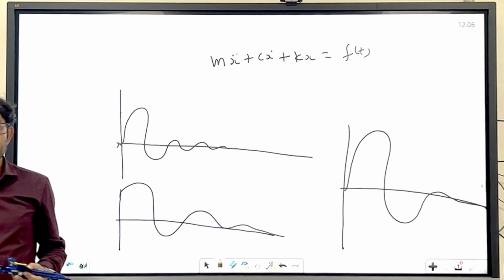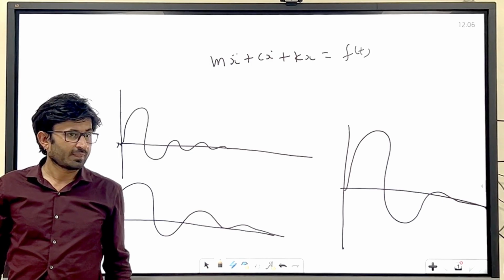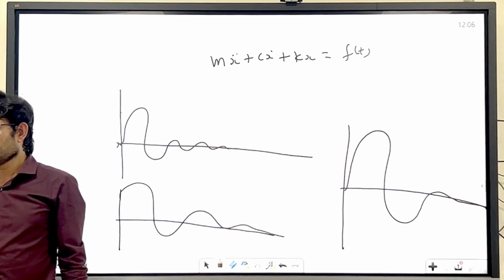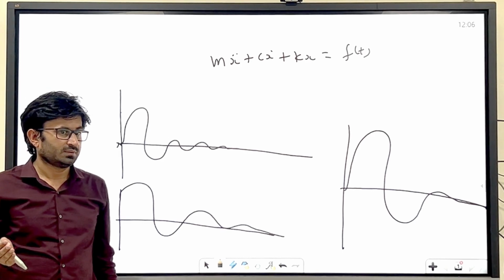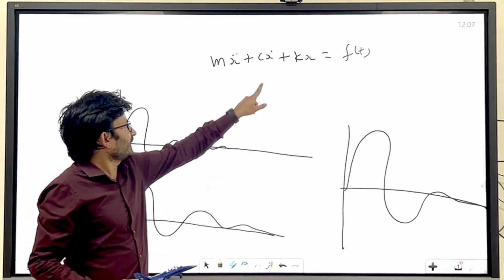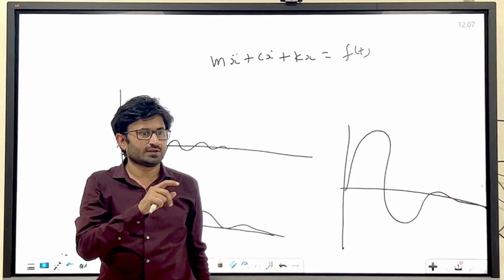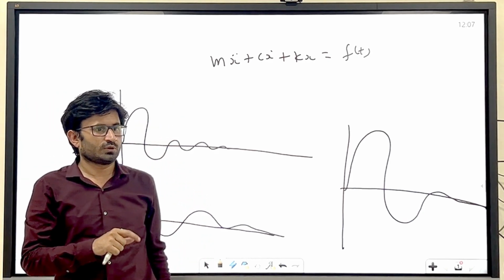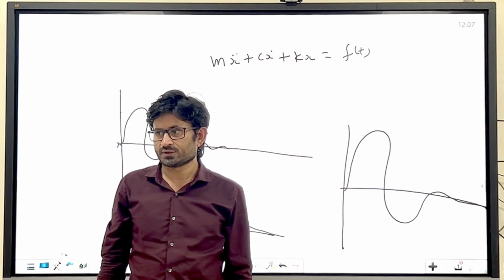For example, when you disturb the pendulum from its equilibrium position, who is providing the damping? It is the air. And what is the spring constant? Spring is a stiffness. It will provide you the restoring force, because it is responsible for restoring the position.